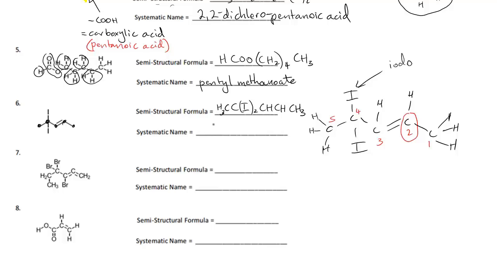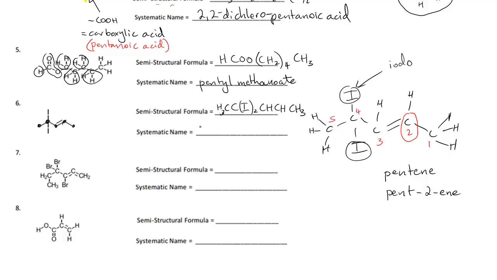So the way that we would name this is, first of all, this is a pentene molecule, but on the second carbon we have the double bond, so it's pent-2-ene. Okay, and then on the fourth carbon we have 2 of these iodo functional groups.